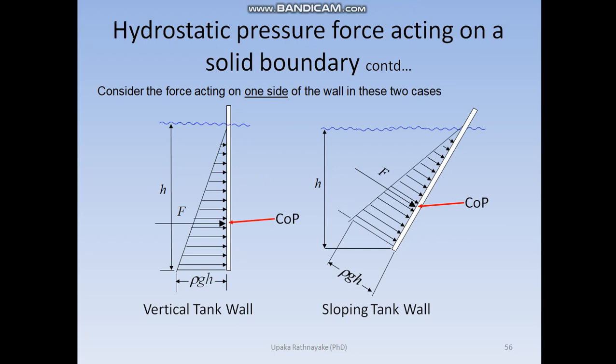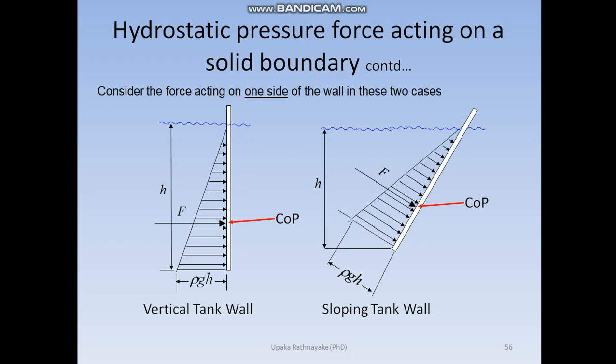Therefore, we can also assume that the hydrostatic pressure force varies with the height. Why is that? Because we know pressure is force divided by the area. So if pressure increases with the height, we can have an idea about the force as well. It has to increase with the height.